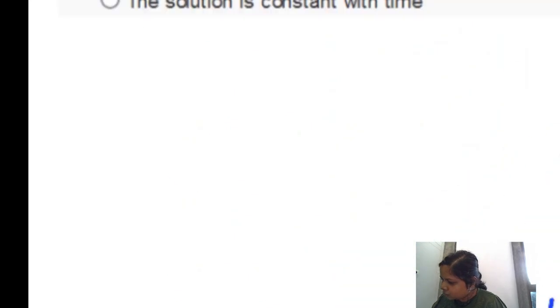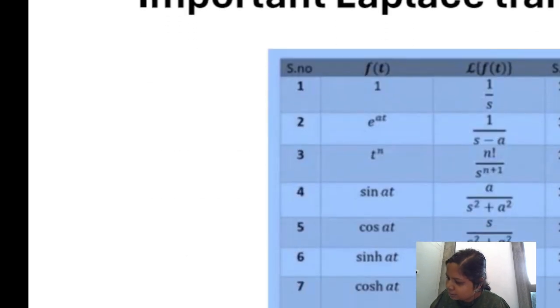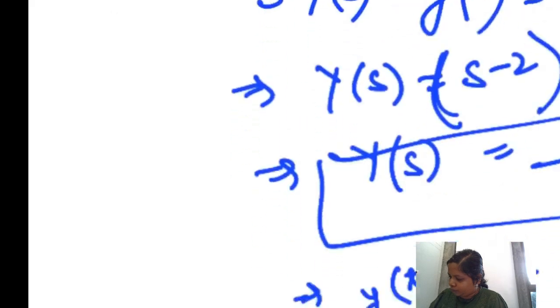Okay, I'll show you. Yeah, this was the table. So here is 1 upon s. So we have 1 corresponding to this. It is called inverse Laplace when you want to go from the frequency domain to the time domain.